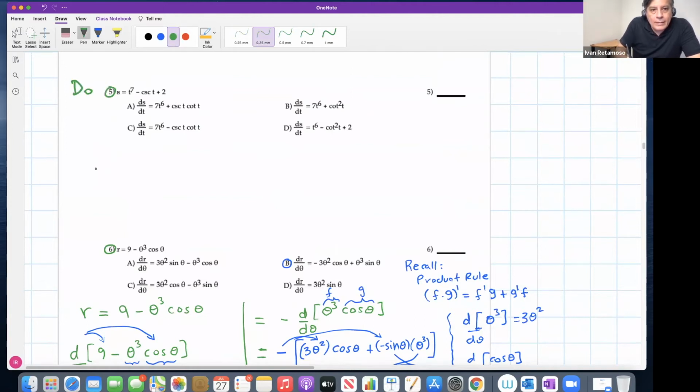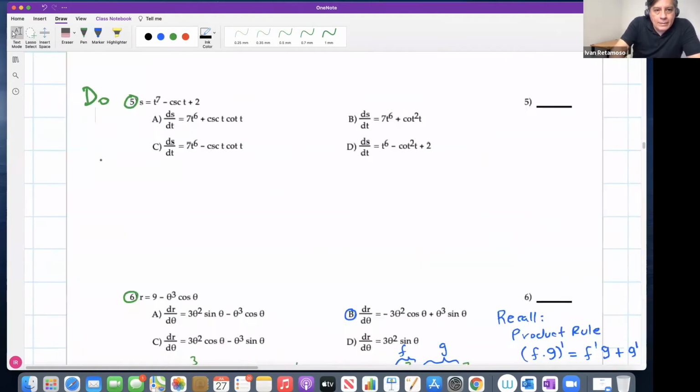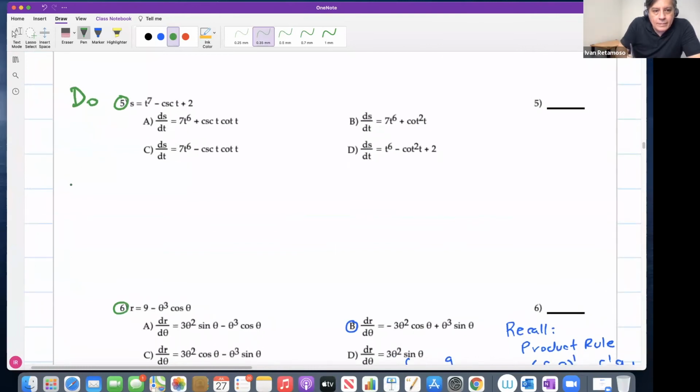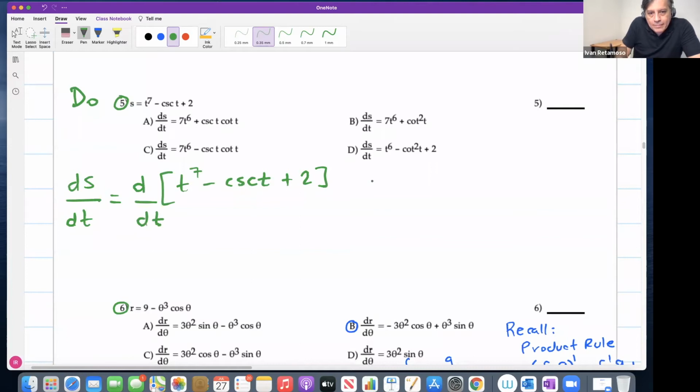Can you find the derivative of this function? Derivative of the function s with respect to t. What will be the derivative of t to the 7 minus cosecant of t plus 2 with respect to t?